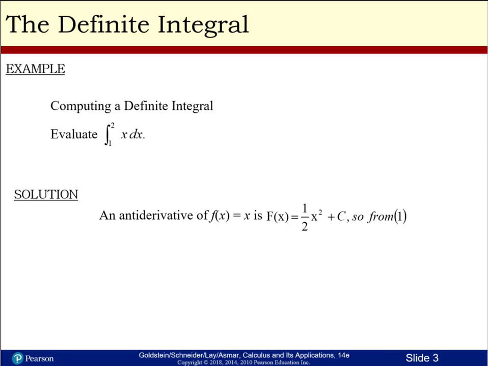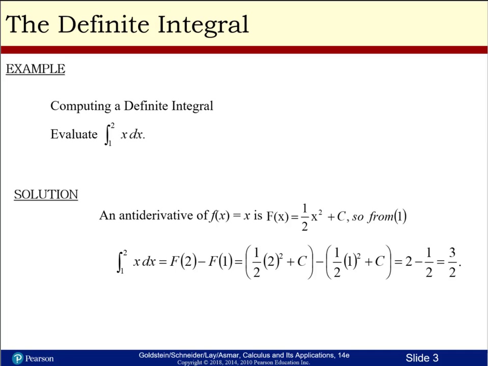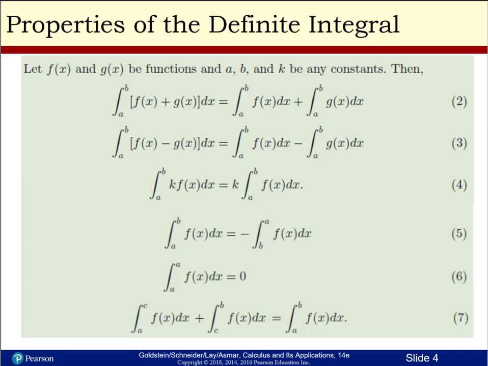From the definition, we're just going to substitute in our 2, and then substitute in our 1, and then subtract those two numbers. Notice that the c becomes irrelevant because it will be a c minus whatever that constant is. And so you'll just get those two numbers, and that will end up being 2 minus 1/2, which is 3/2.